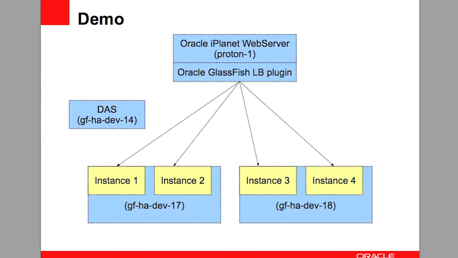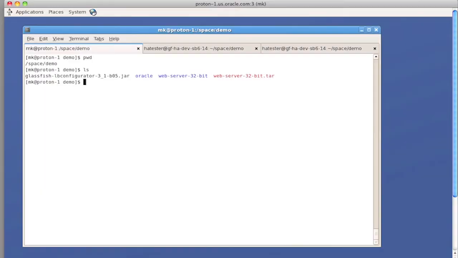I'm now going to log on to this Proton 1 machine. I have already installed the web server on this machine, and the load balancer plugin configurator is also downloaded here. I'm going to run the installer now, which will configure the load balancer with the GlassFish plugin.